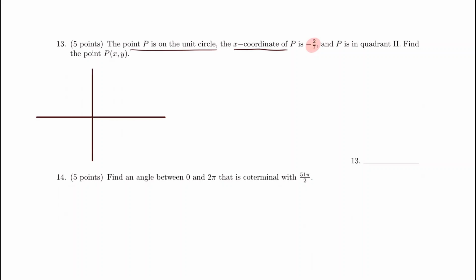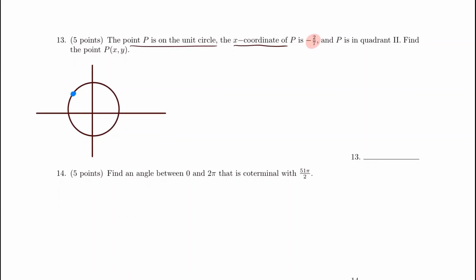Let's draw that. So here's our xy plane, and let's suppose this is the unit circle we're looking at. The point is located in the second quadrant, so maybe somewhere right there. We know the x-coordinate of this point is negative 2 over 7. We're looking for the y-coordinate.